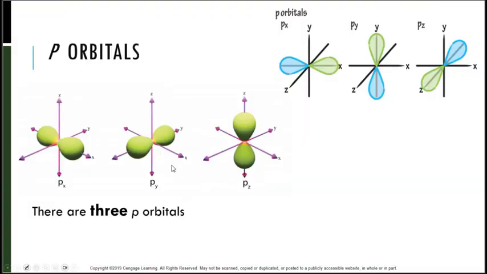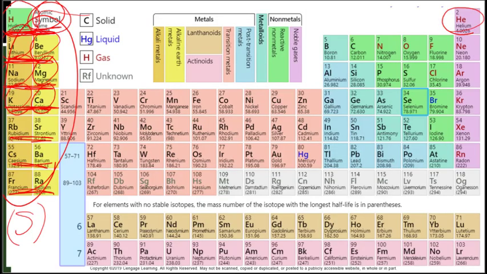We said there are 3 p orbitals. Let's look at the periodic table. Again, each orbital holds 2 electrons. So if there's 3, that means that 1, 2, 3 orbitals can hold 6 electrons. 1, 2, 3, 4, 5, 6.